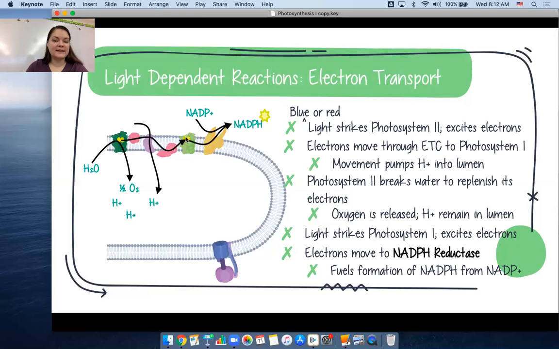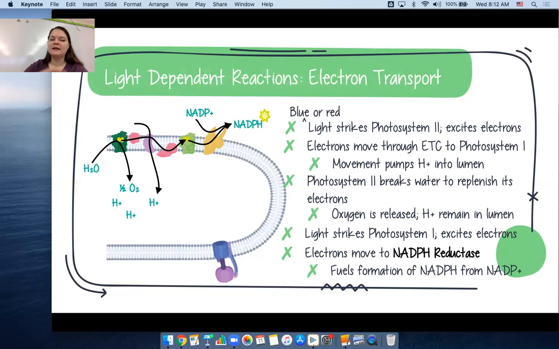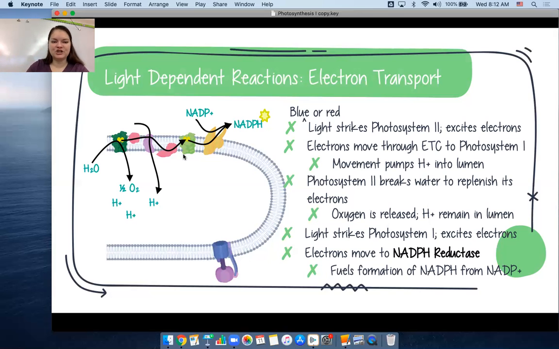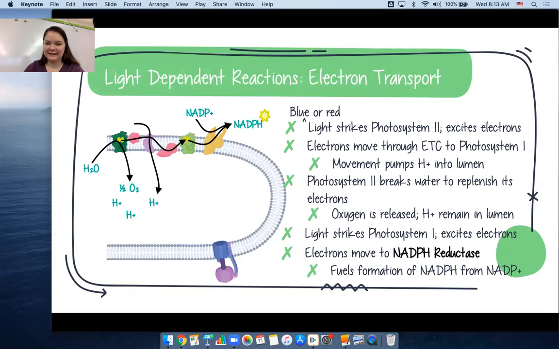To replenish this pair of electrons, it's going to require that an electron pair is lost from photosystem 2, which will get excited enough when enough energy is absorbed to move it through the electron transport chain and replenish the electrons that were lost in photosystem 1. And then finally, when photosystem 2 is short on electrons, it's going to rip apart a water molecule in order to get the electrons that it needs.